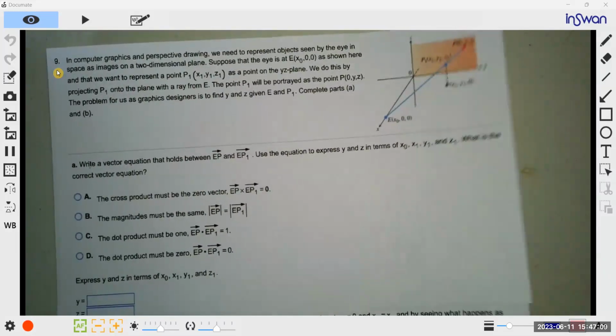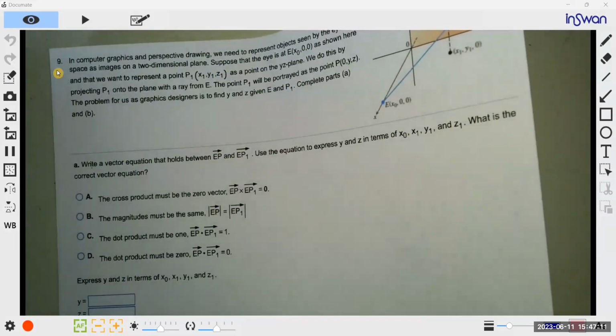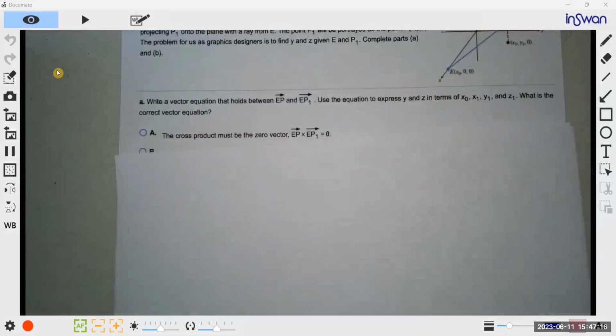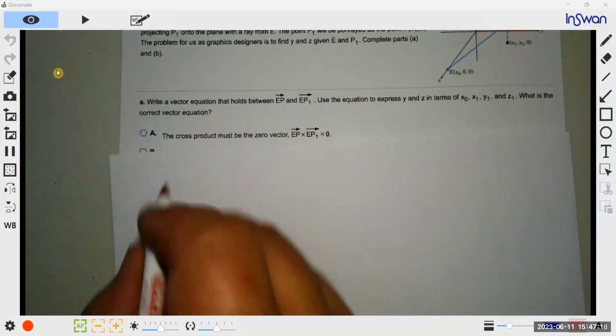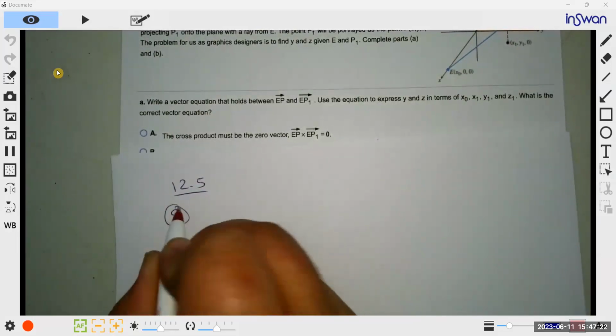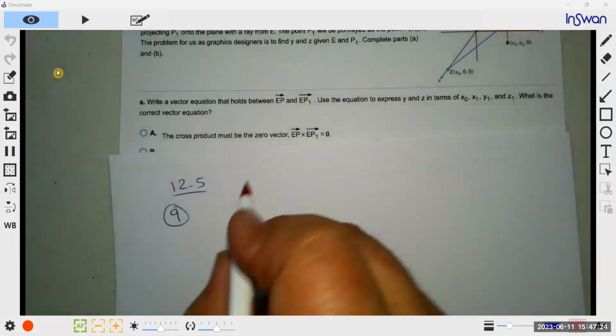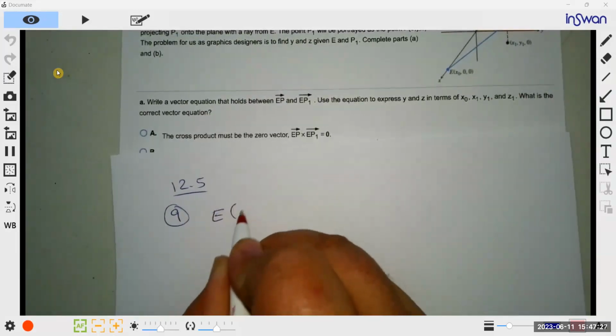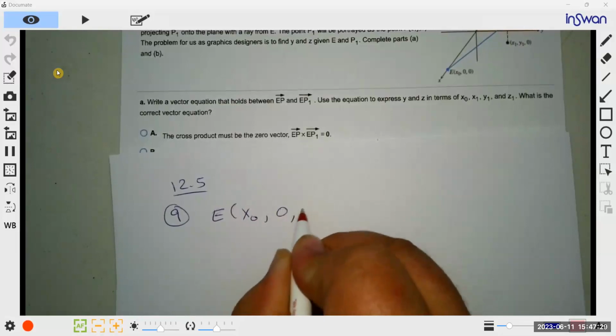So we're going to do the cross product here. E is at (x0, 0, 0).